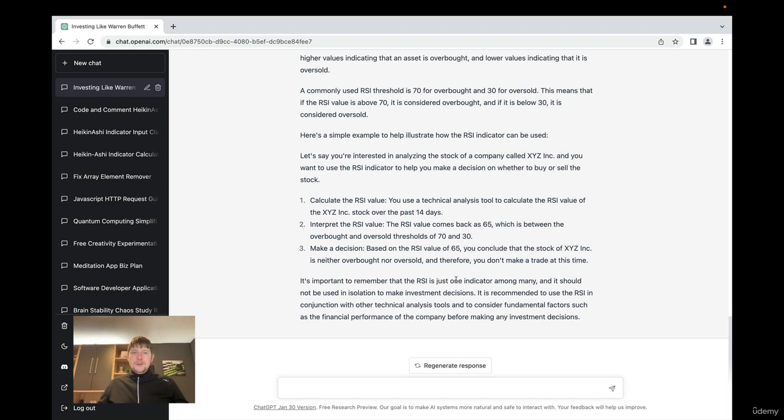So let's pick up where we left in the last lecture and ask ChatGPT which indicators it would use for a concrete trading strategy.